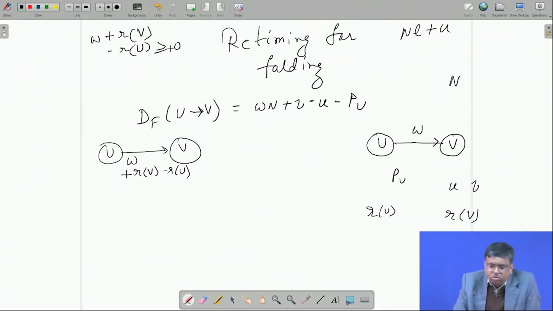Alright. But now, if I fold it, that is after the delay is changed from W to this much, in the formula only W will be changed to this value, other figures do not change, they remain the same.